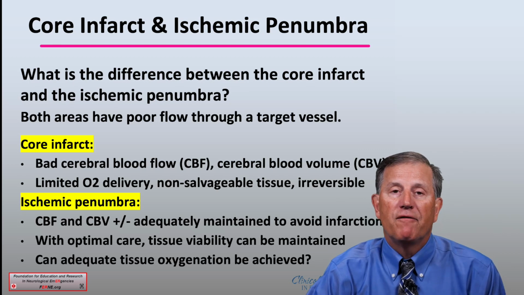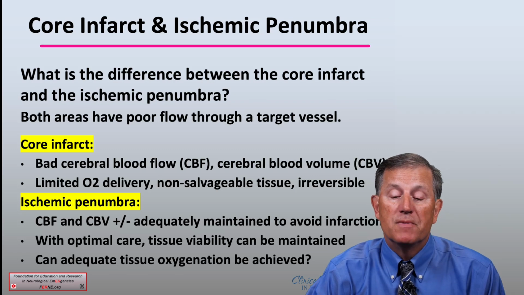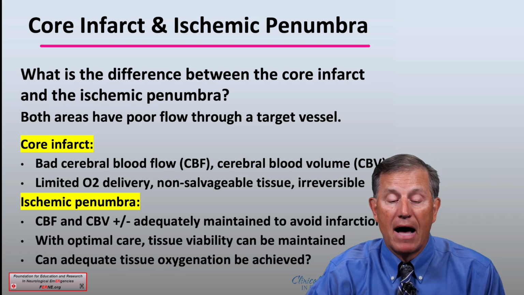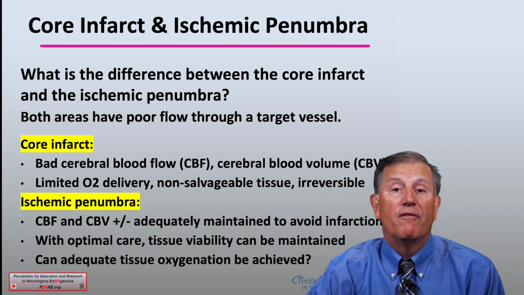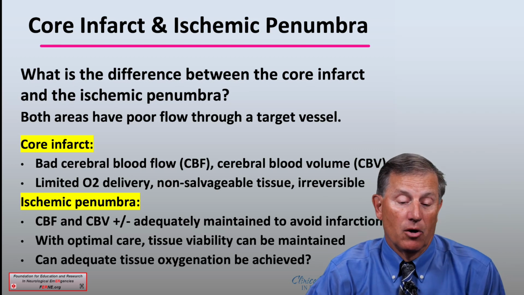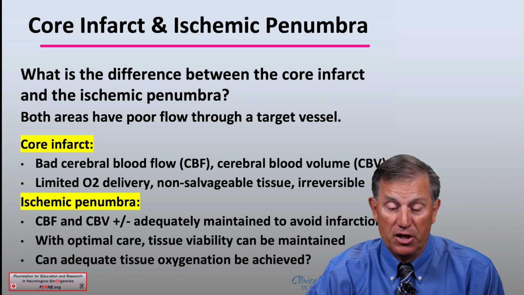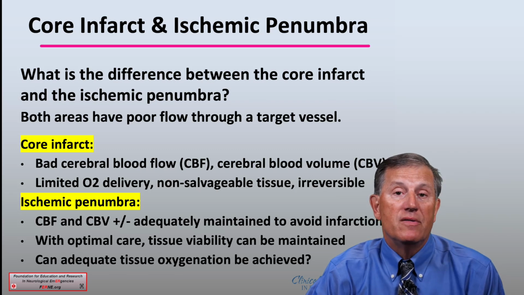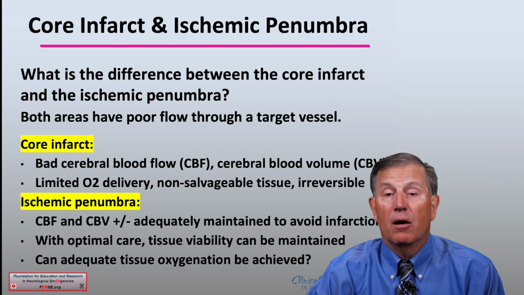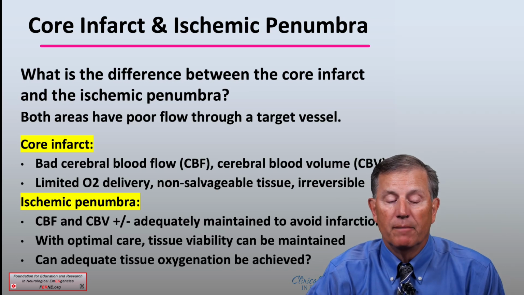The core infarct has bad cerebral blood flow and a bad cerebral blood volume. This means that with poor flow and poor volume of blood, there is limited oxygen delivery via hemoglobin, there is non-salvageable tissue, and the changes in this area over time become irreversible, and this core infarct is permanent.